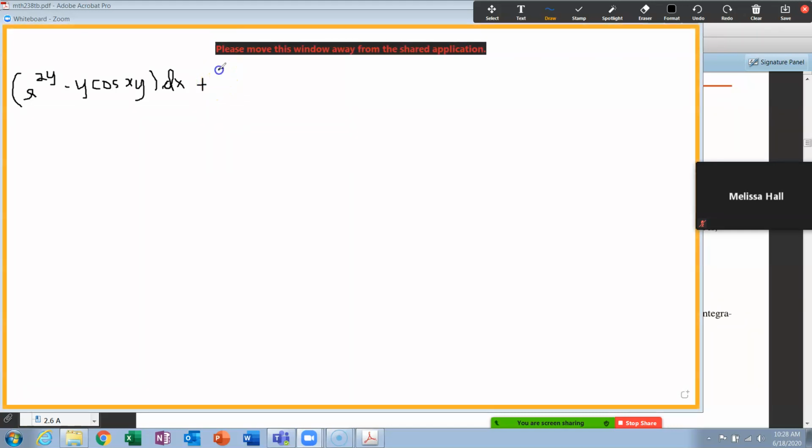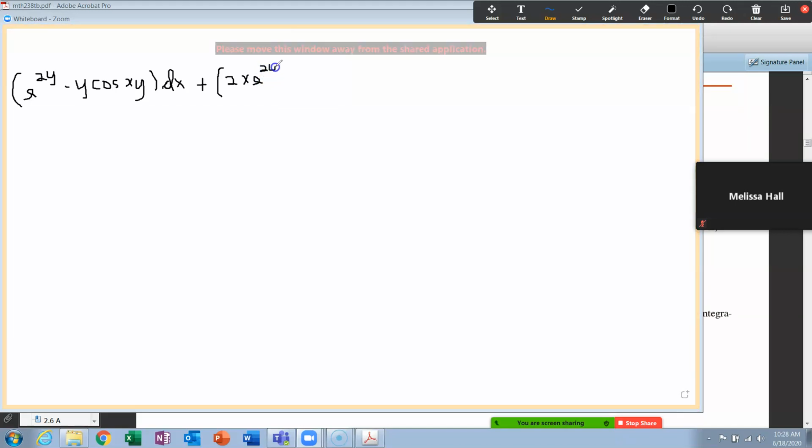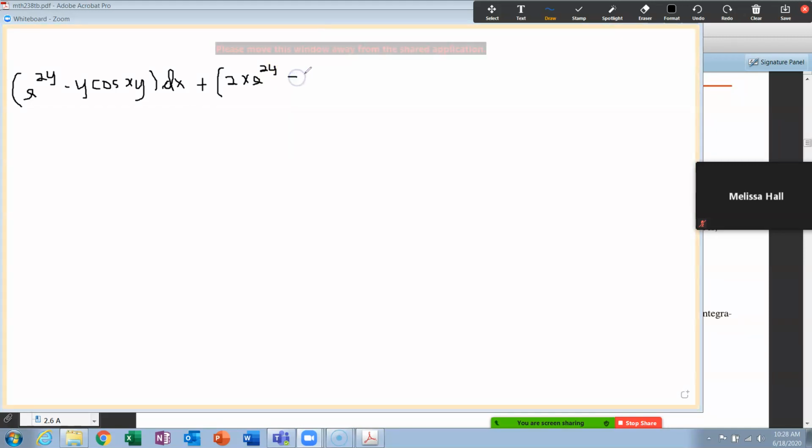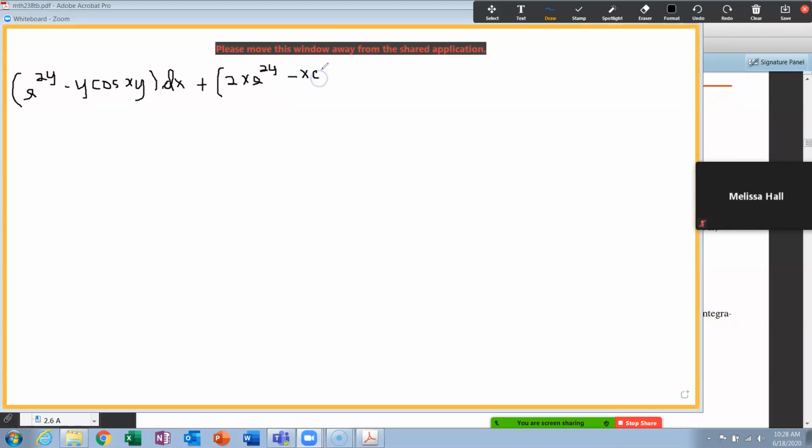another parentheses, which is usually a bad sign, 2x e to the 2y minus x cosine of xy.